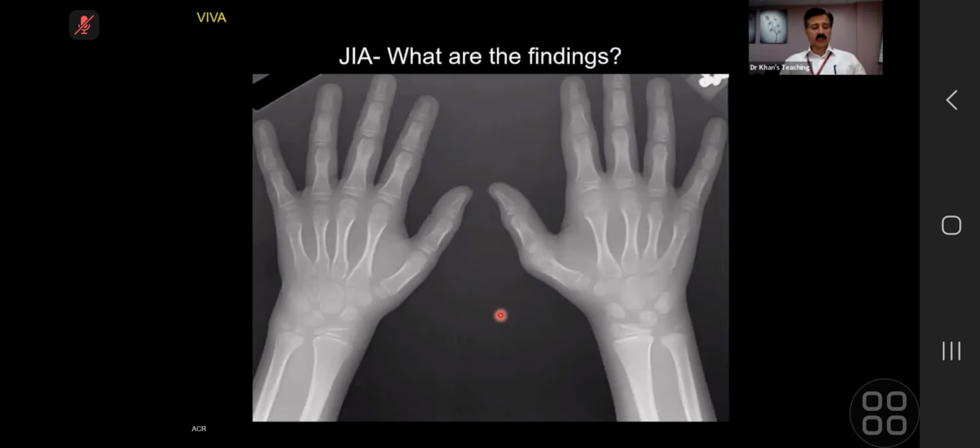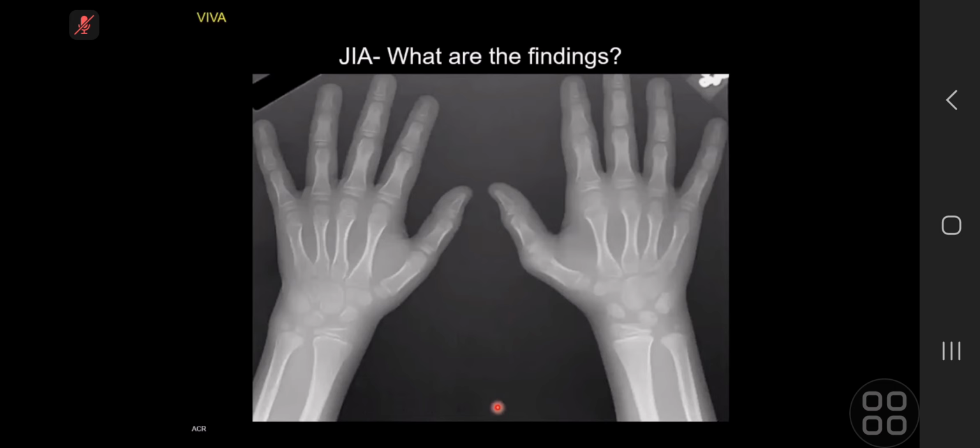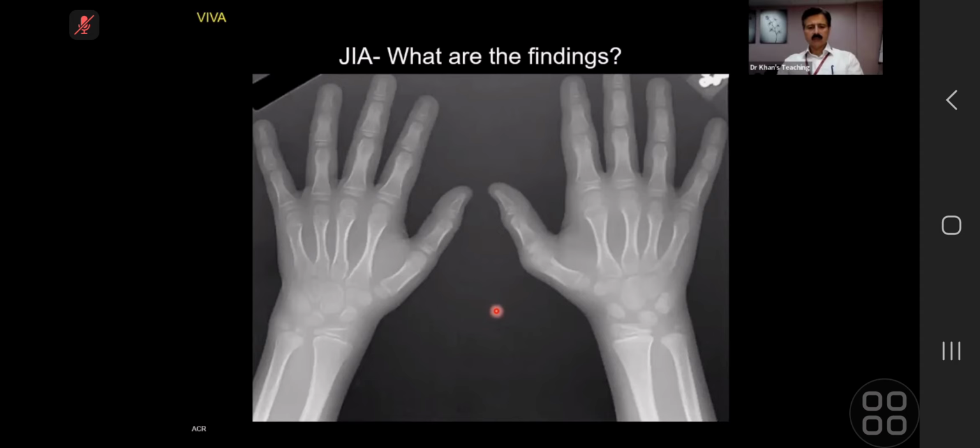Look at the epiphysis, compare it. So on the right, there's some soft tissue swelling and enlargement of the metacarpal epiphyses, probably most in the index and middle finger metacarpal epiphyses. Okay. With some soft tissue swelling around the index finger.